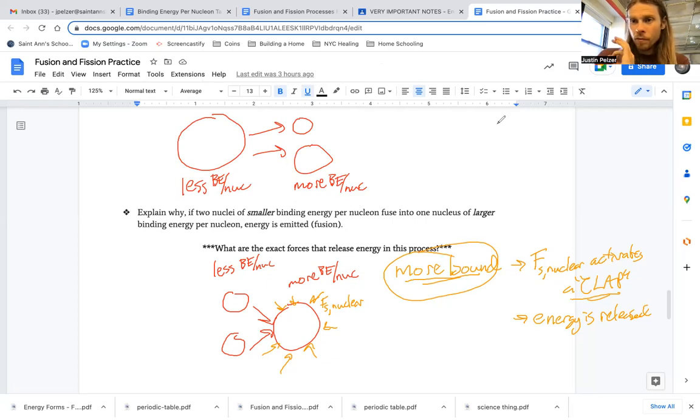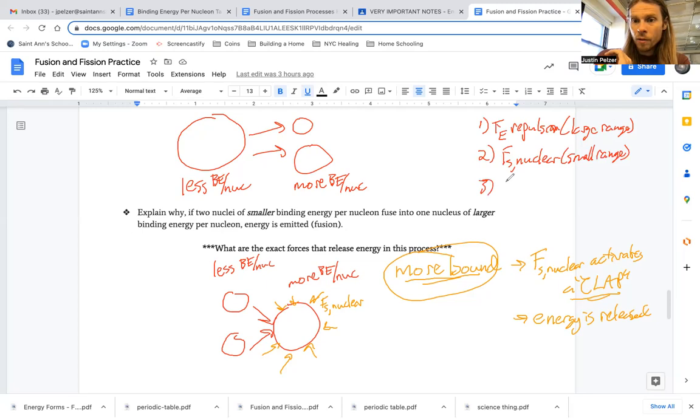and if you remember, what causes something to be more bound is a combination of three things, right? We have the electric repulsion, fighting to make things fly apart. That is large range through the nucleus. We have the strong nuclear force, which is a small range.